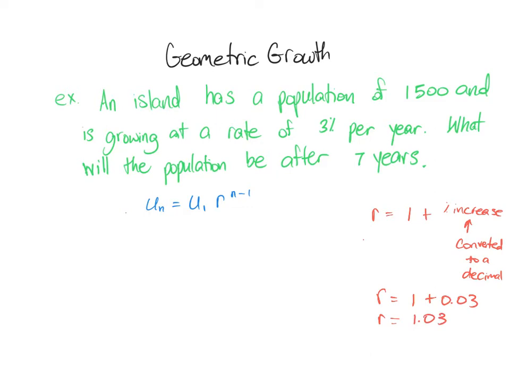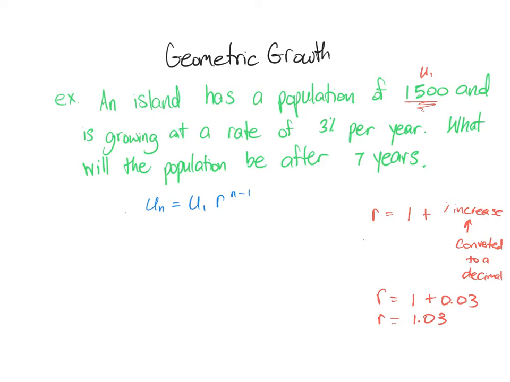All right, so once we have that down, U1 is much easier. You're looking at the starting number, and in this case the starting number is 1500, so we know what U1 is. But n is harder. n is the position of the term, like where that term is. So I hope that makes sense, but if it doesn't, it will in a second.